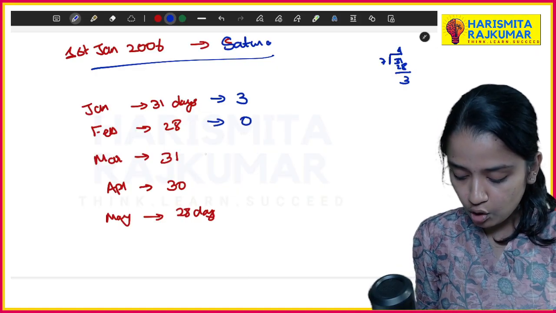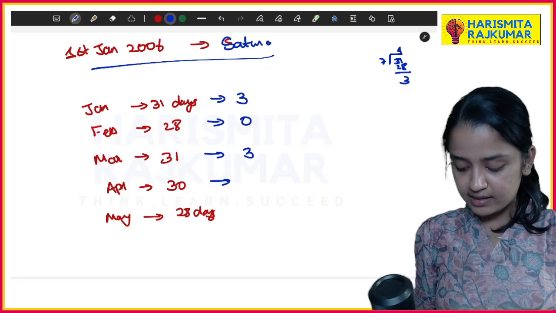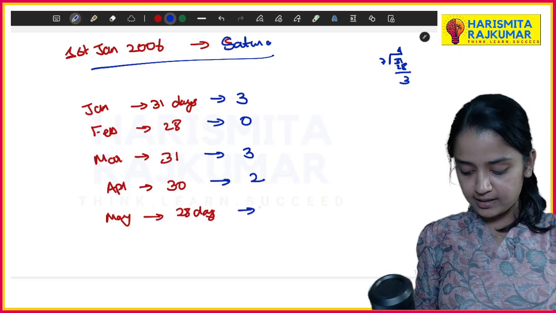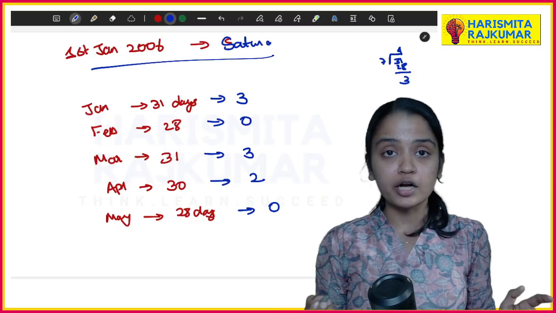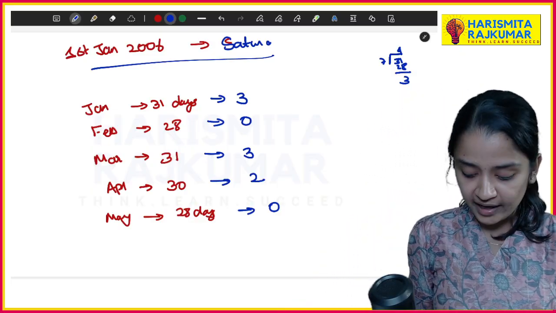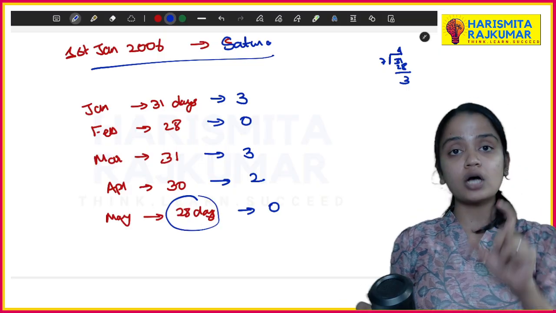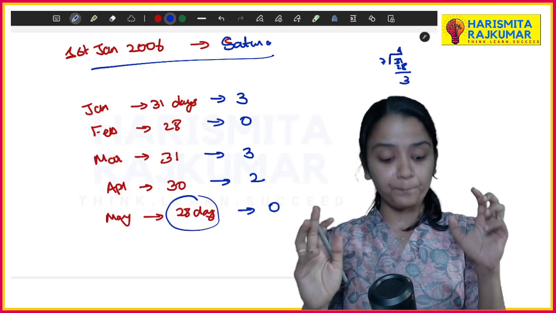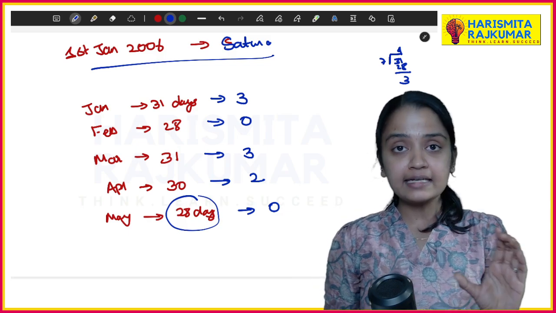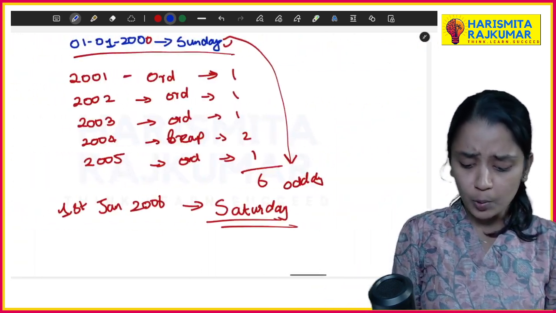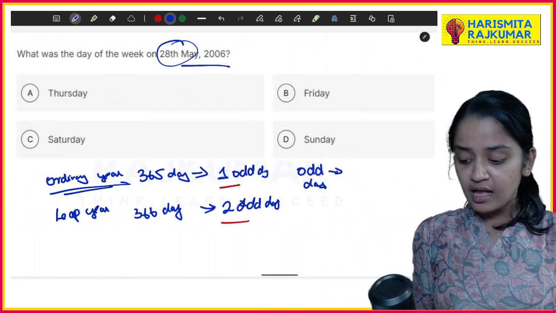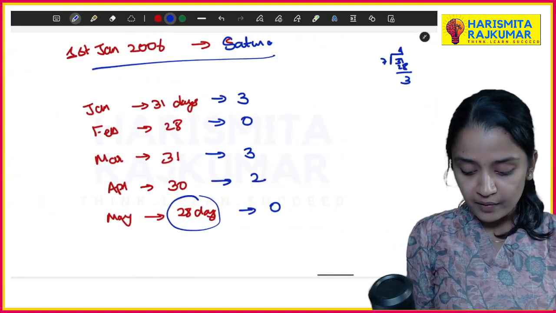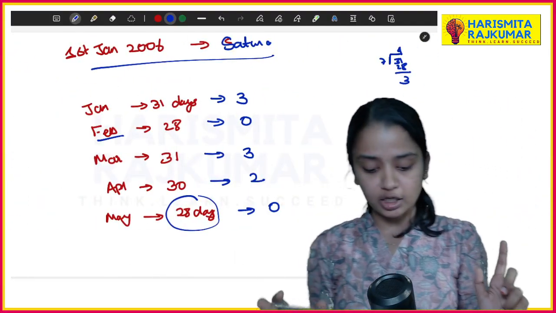Here you have 0 odd days, 3 odd days. Here you have 2 odd days. Again here you have 0 odd days. In May I'm stopping at 28 because 28th is the date in the question which is asked. And February also has 28 because it is not a leap year.